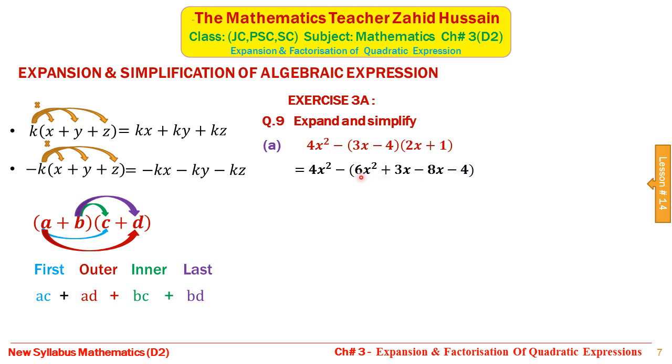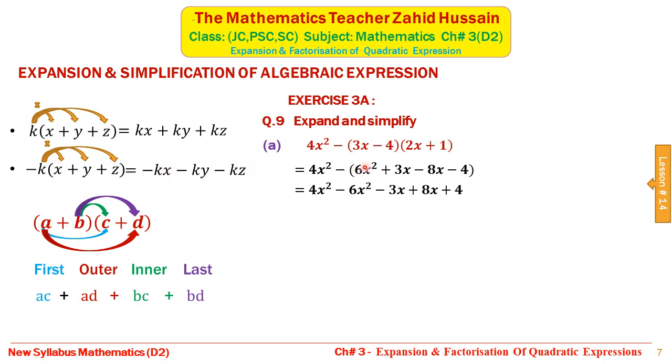Now you can remove the brackets, or you can first simplify within this bracket. So here I have removed the bracket, 4x square minus, because there is negative sign before the bracket and there is no number, so it means there is minus 1. So when you will remove this bracket using this rule, minus k multiplied by this, sign of each term is changed.